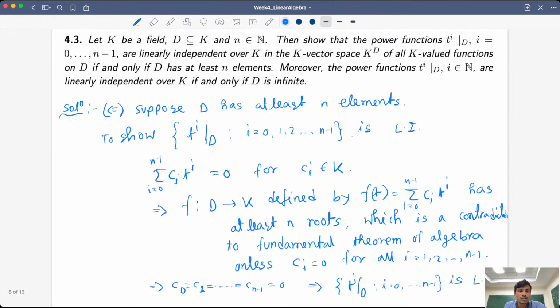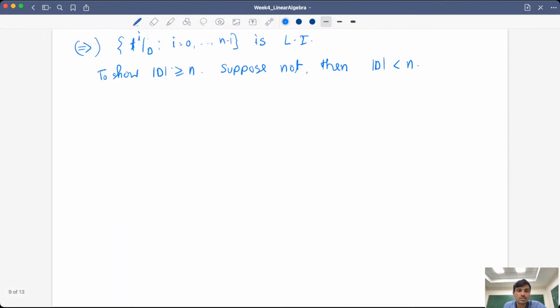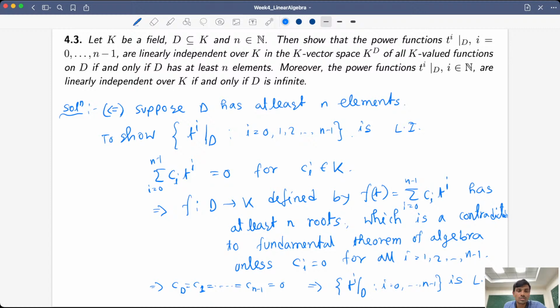Now if I consider the linear sum of this function, I need to show that it will be 0 for some non-zero c_i's.